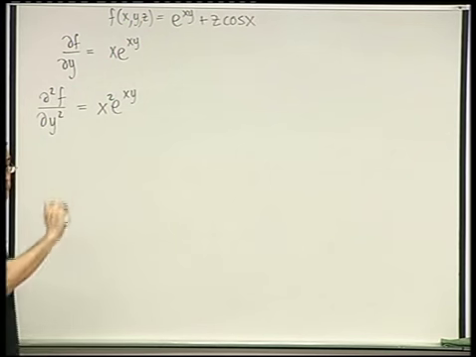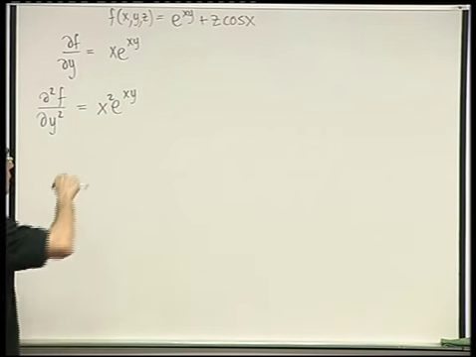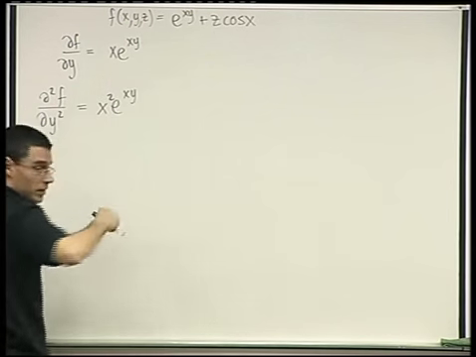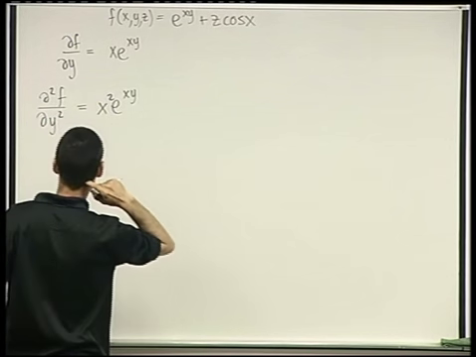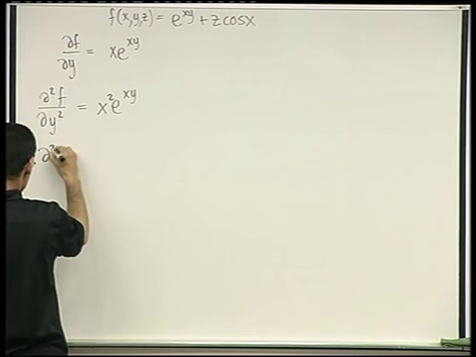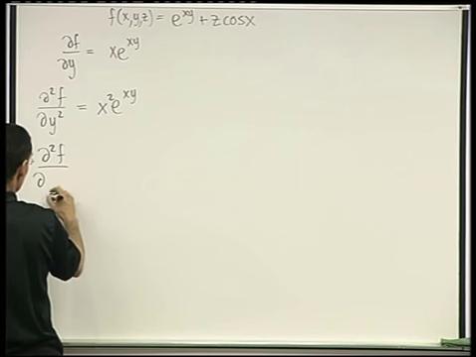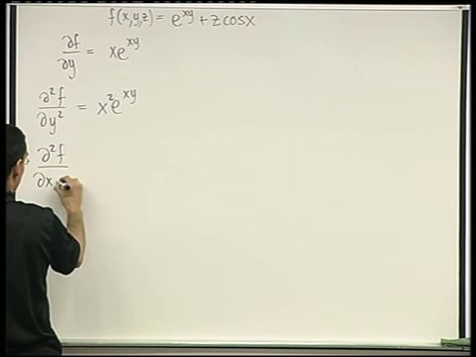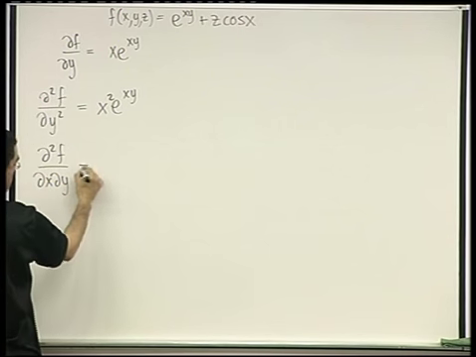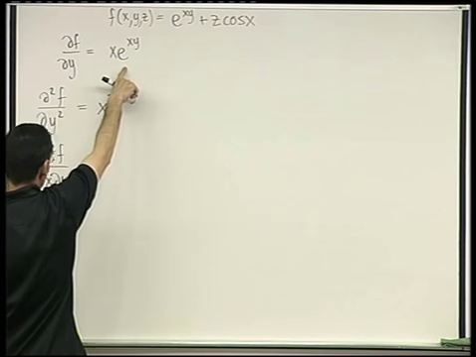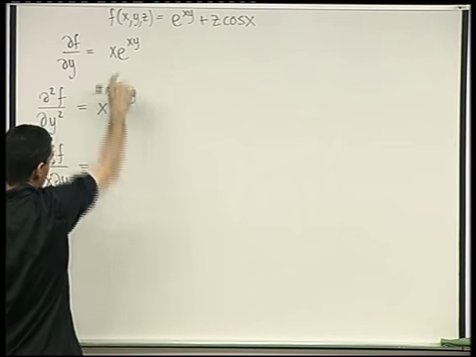Okay, make sure I don't make any mistakes here. It could get a bit confusing. You have to remember which variable is the variable with respect to which you're taking the derivative. Okay? What is d squared f to dx dy? First with respect to dy, then the derivative of that with respect to x. So now I'm taking the derivative with respect to x of this thing.